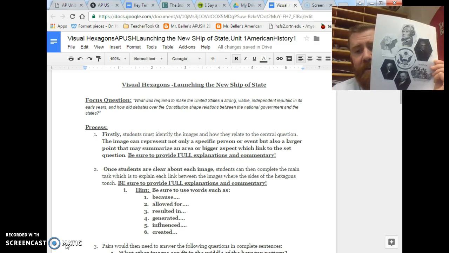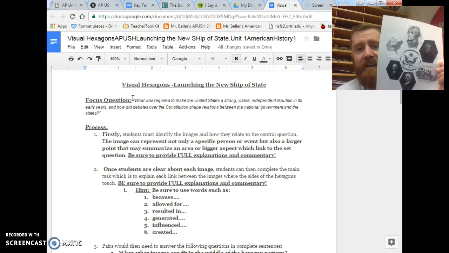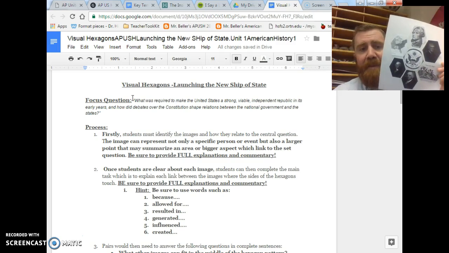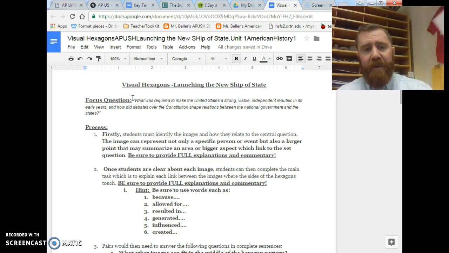My biggest thing here is that I want you to make sure that you're linking it to the set question. How does this image, or however you choose to identify this image, link to the set question? And be sure to provide full explanations and commentary. What should you look for when you're doing that?